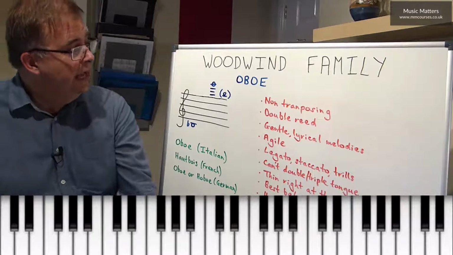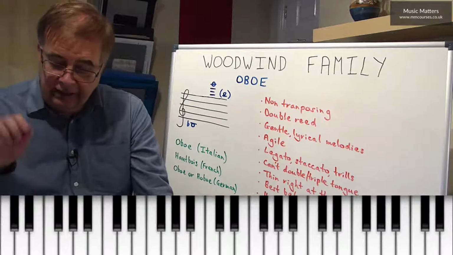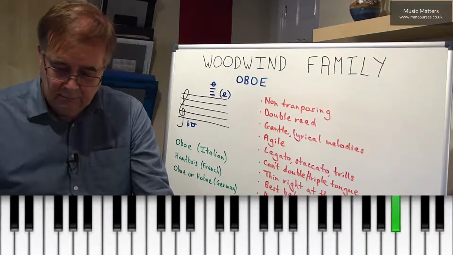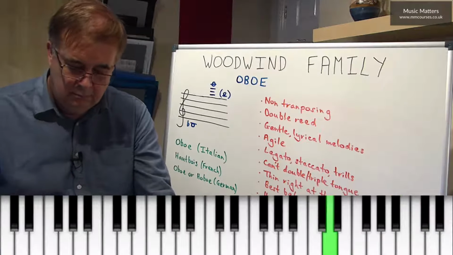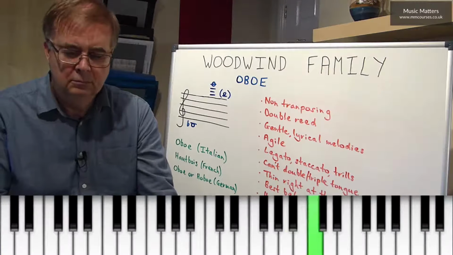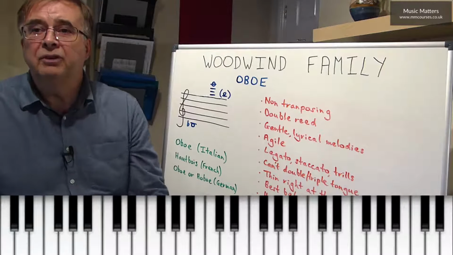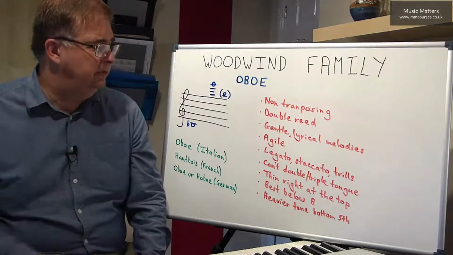We can also have some very effective sounds when the oboe is trilling like this. So you're perfectly at liberty to include trills in an oboe part, and they sound very effective.